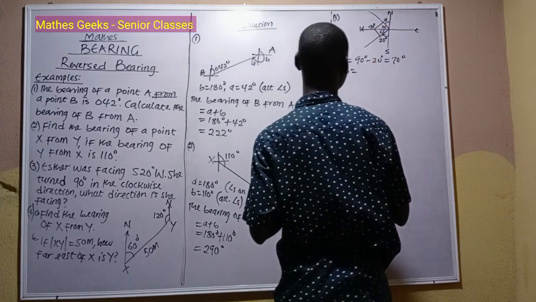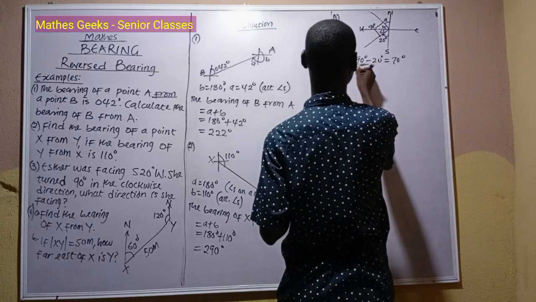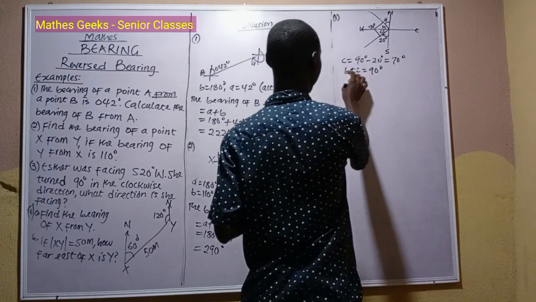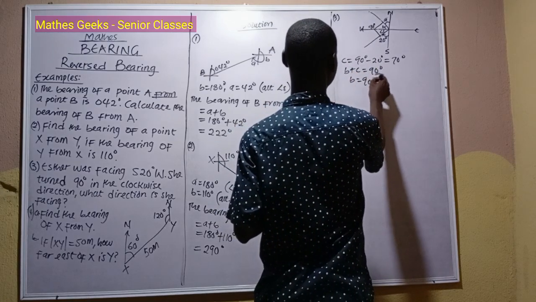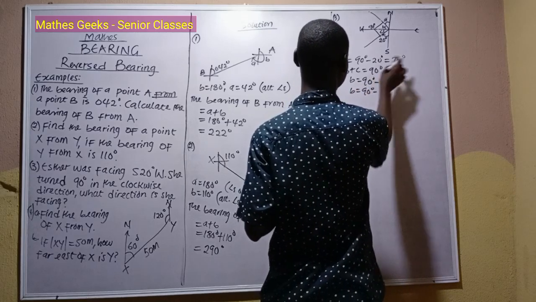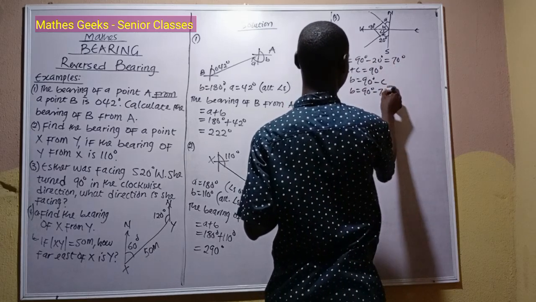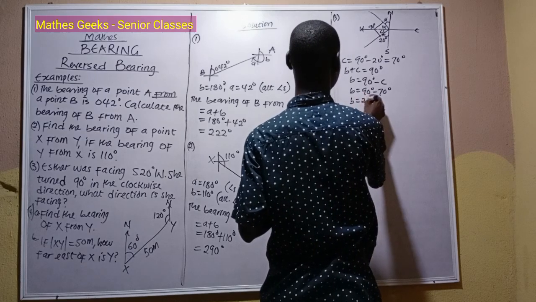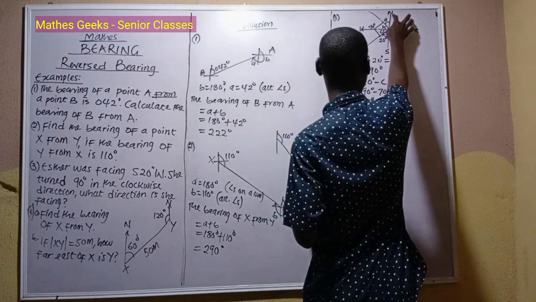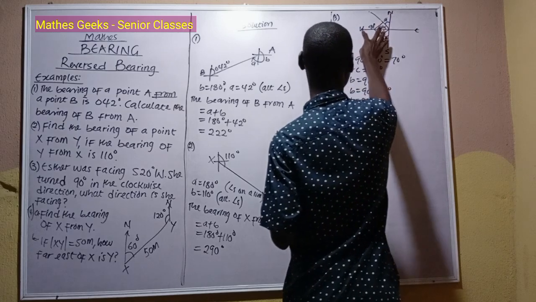Now the whole of here is 90 degrees, so B plus C is equal to 90 degrees. So B is equal to 90 degrees minus C. And what is C? C is 70 degrees. So B is equal to 20 degrees. Now, the north to the west is 90 degrees.